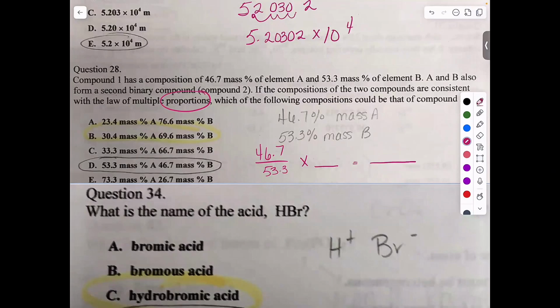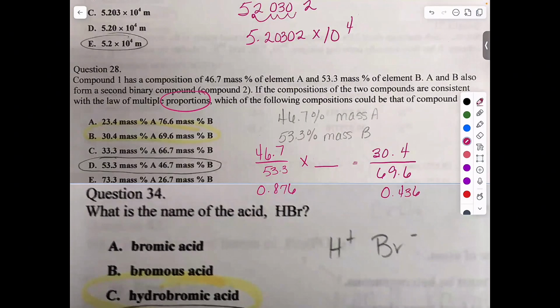And if we look at 30.4 over 69.6, it turns out if we take this ratio in decimal it is 0.436, and then take that other ratio on the right, we have 0.876.